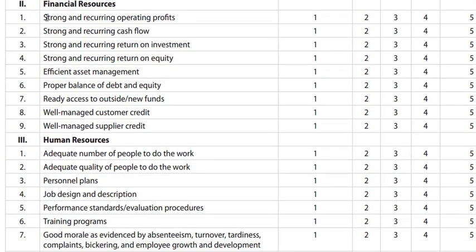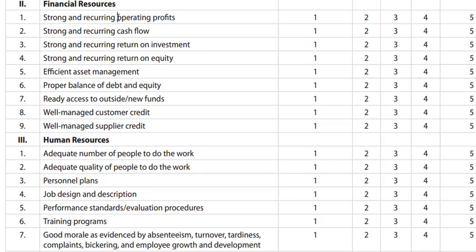Financial resources are better to judge because annual financial statements are available for different companies, and from there you can check these vital signs of financial health.